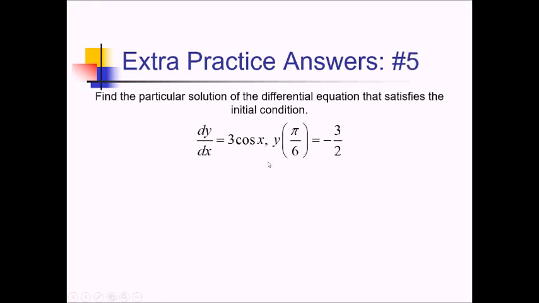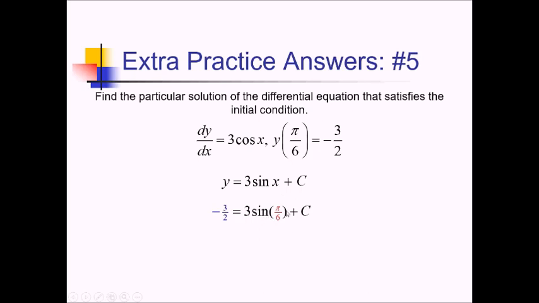For this one, I want the particular solution to this differential equation with this weird-looking initial condition. Let me start by taking the antiderivative of both sides. So that's going to be y equals 3 sine of x plus c. And now plugging in my initial condition, I've got the y value of negative 3 halves, and I've got 3 sine of pi over 6 plus c.